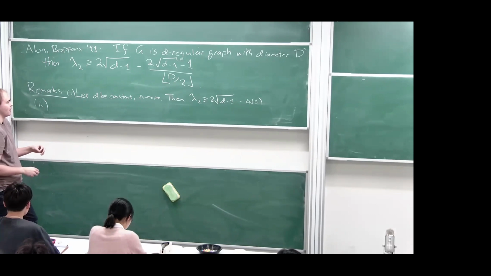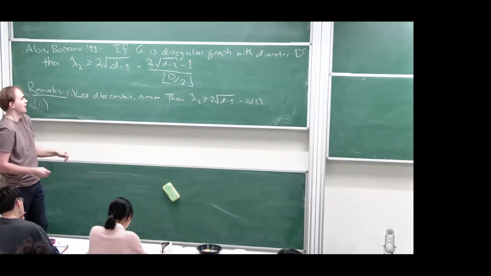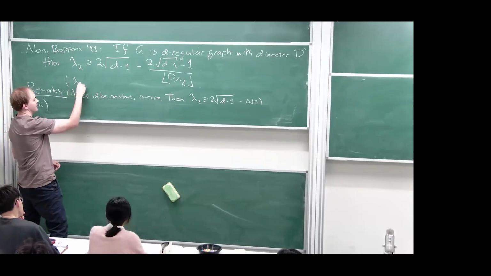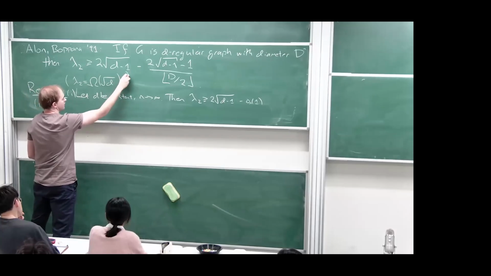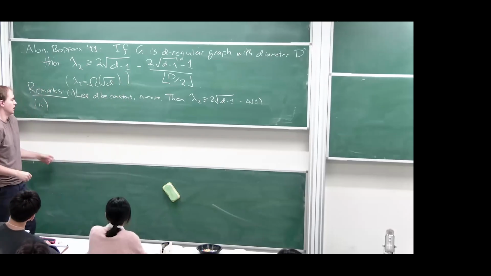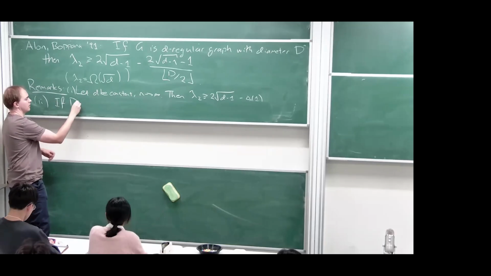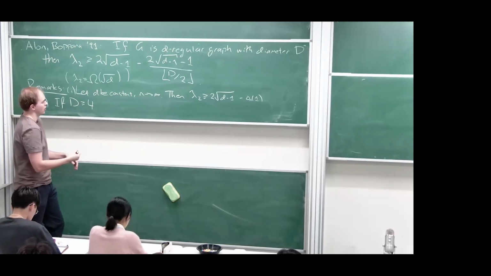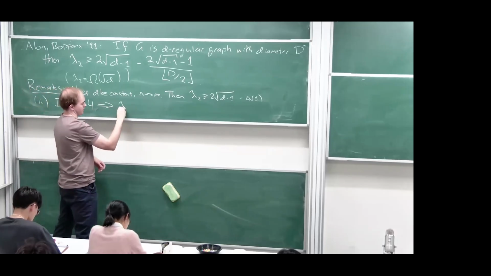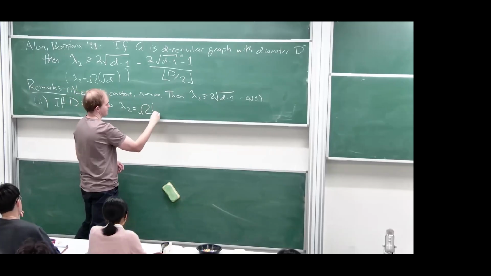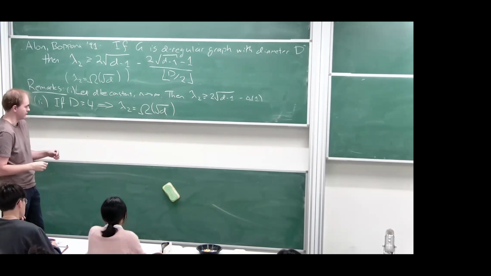Okay, so now suppose we don't really care about this constant 2 in front, and we view this as lambda 2 is at least constant times root d. Then, as long as the diameter is at least 4, this implies that our second largest eigenvalue grows at least like constant times root d.